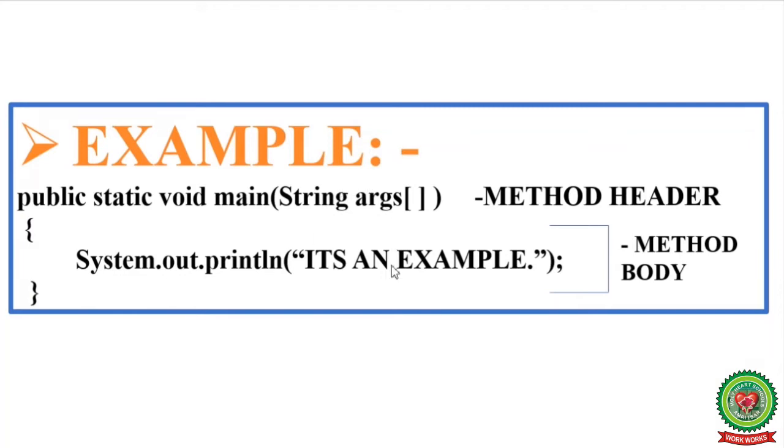This full thing is a method. So a method is a set of instructions that can be called anywhere in the program. A method has two parts, method header and method body.